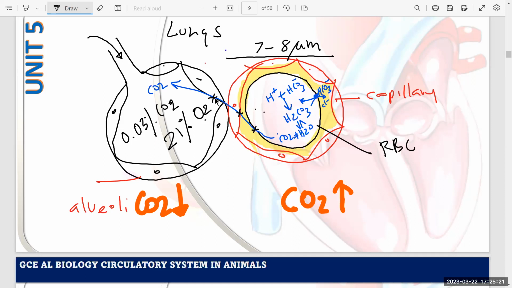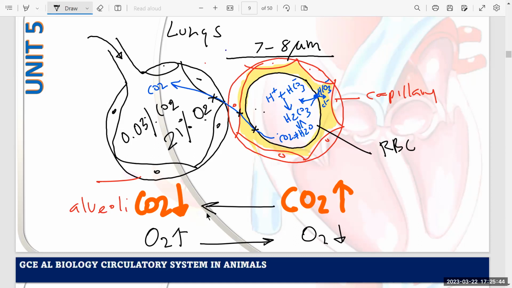The same thing happens with oxygen: the oxygen concentration is high on this side, and oxygen concentration is low in the red blood cells. So oxygen is moving in this direction, carbon dioxide in this direction. Again, oxygen diffuses into the red blood cell and quickly binds with hemoglobin.